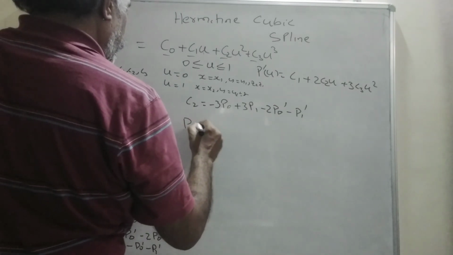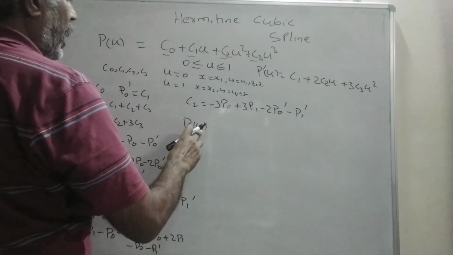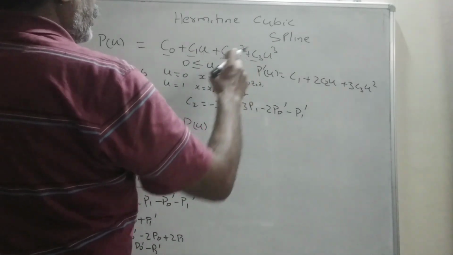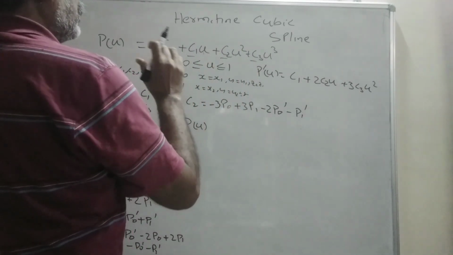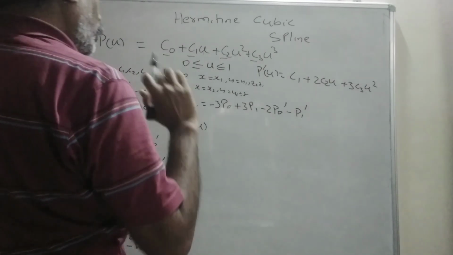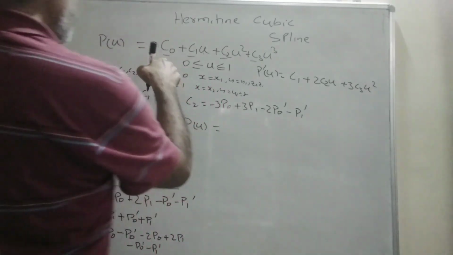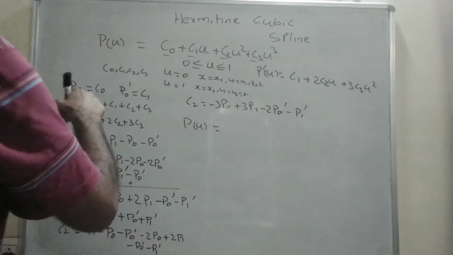P(U). Now, U can be anywhere between 0 to 1. And C1, C2, C3 are constant values set at U equal to 0 and U equal to 1. So this is equal to C0, how much? What is the value of C0? P0.